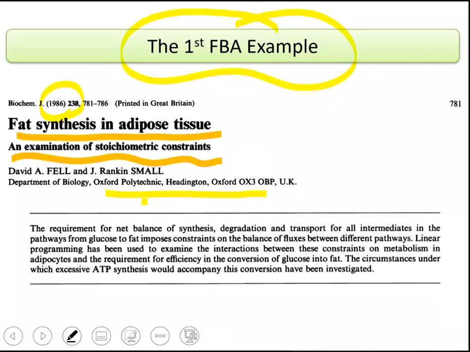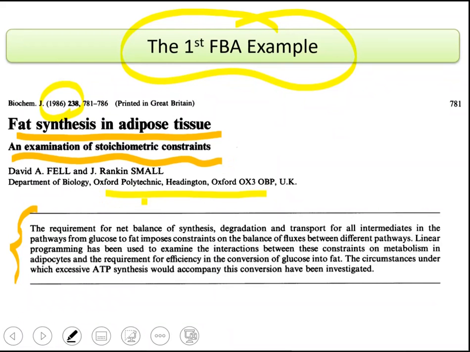Compared to the other examples we have seen so far, the focus here is not microorganisms, but mammalian systems, adipose tissue, fat synthesis. So in that sense, this work is unique. And it has a very tiny abstract. Let's check the abstract together.